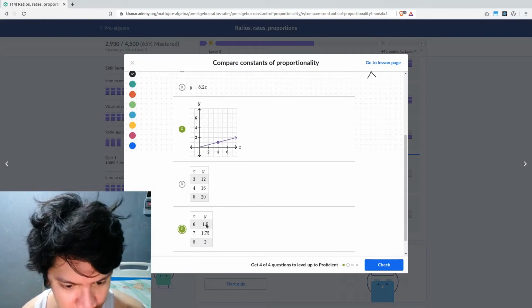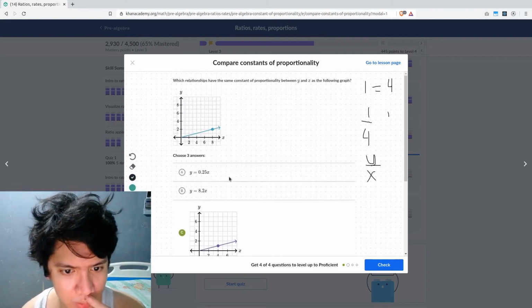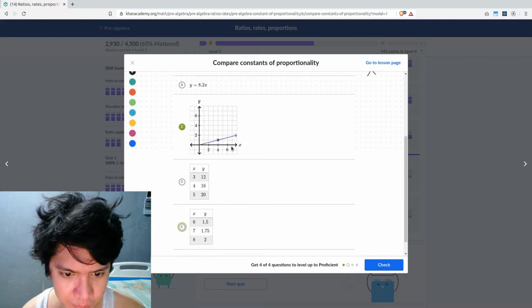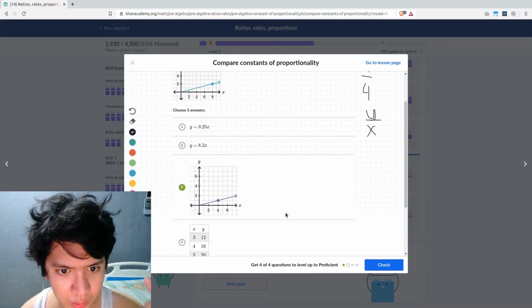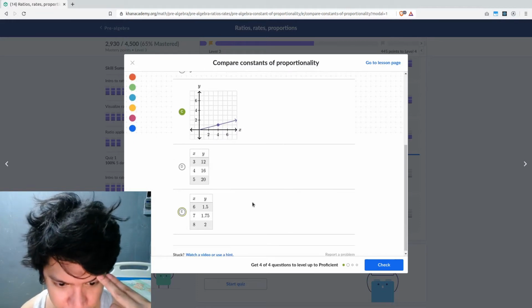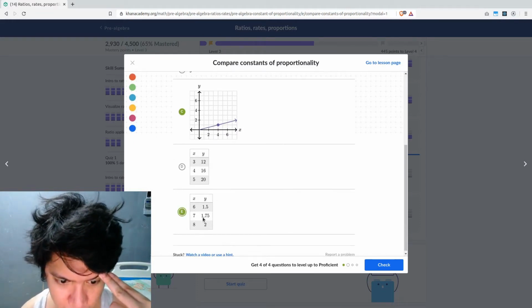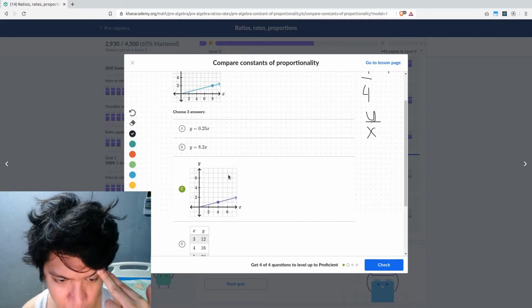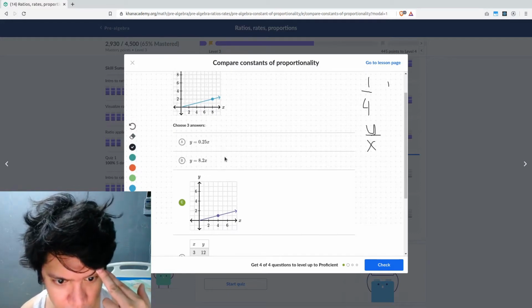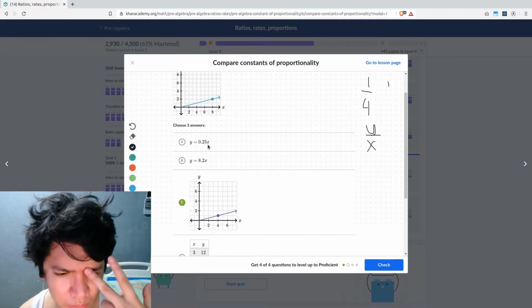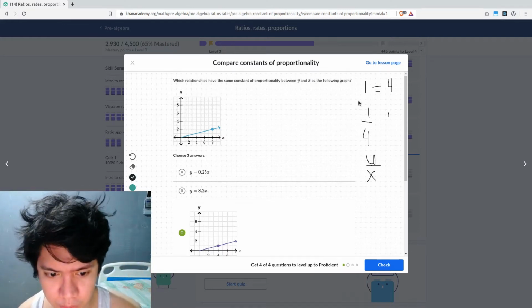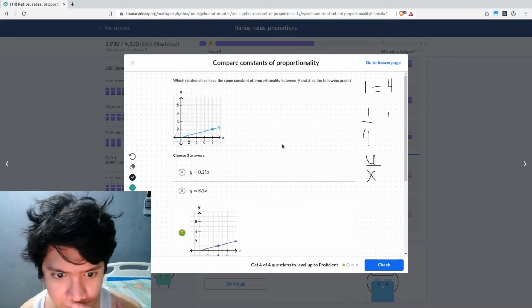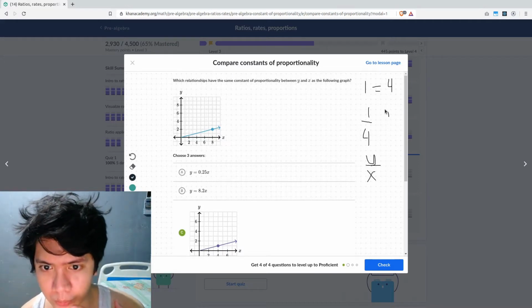Oh, this is actually incorrect. Why am I basing this answer from this graph? 8x to y. What x to y? I'm not sure. This is a constant of proportionality 1/4, right? Let's see again.